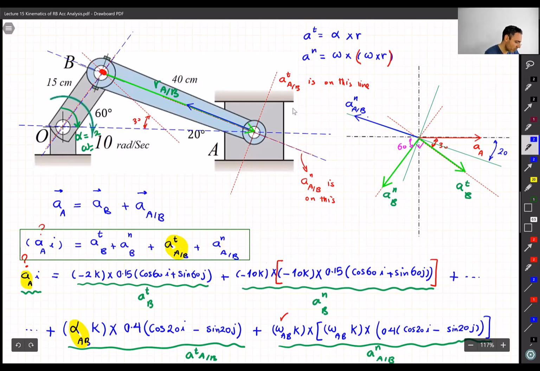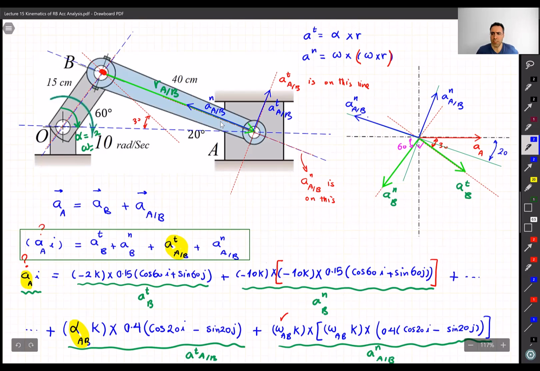So this has to be a normal acceleration of A with respect to B, because A is moving on a circle with respect to point B. We fix point B. And what is this tangent acceleration? It is its tangent acceleration, AT of A with respect to B. And please notice that I don't know their direction. I just assume one direction and I let the math find out if they are negative or positive. And this is AN of A with respect to B.